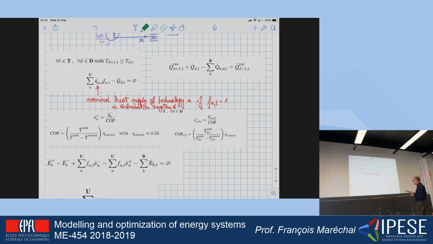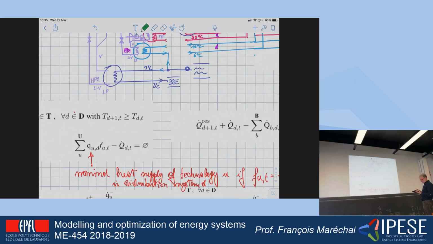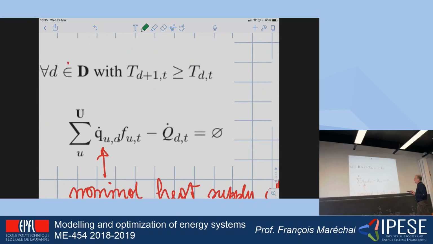So it means that in this case, some of the units will consume electricity, and some of the units will produce electricity, and at the same time, by this equation here, I will also have the link between the electricity and the heat, both in terms of cogeneration or heat pumping. Okay? Is it clear for you, this? Yeah? Okay.